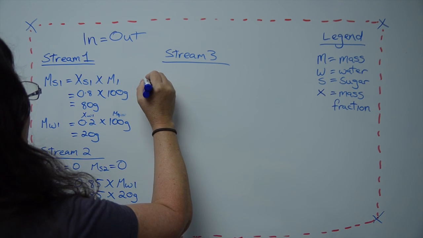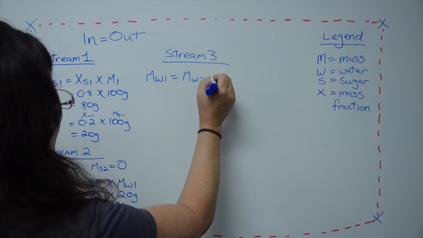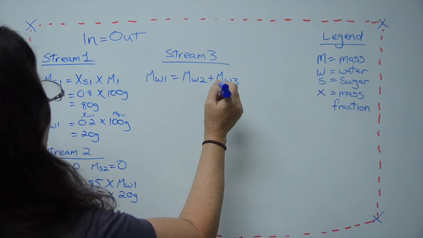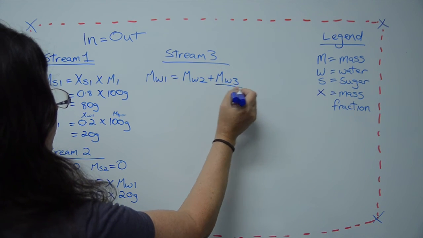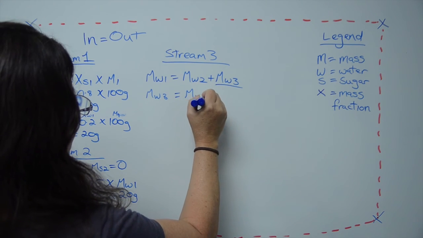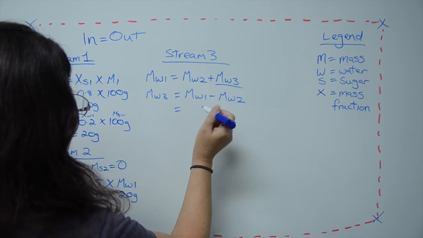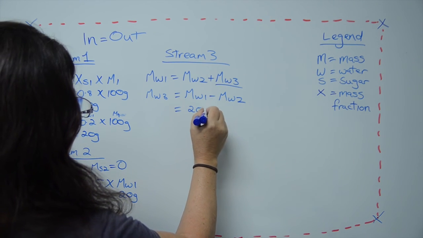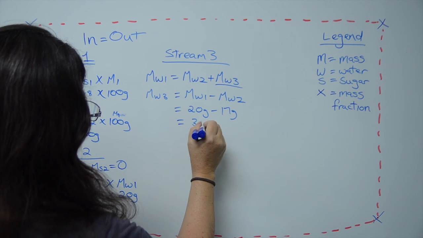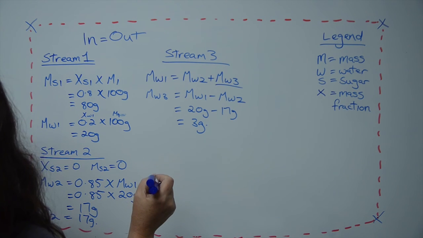So if we go to MW1 is going to equal MW2 plus MW3, and we're going to rearrange that to solve for MW3. So let's go MW3 is going to be equal to MW1 minus MW2, which is equal to 20 grams minus 17 grams, which equals 3 grams. That's for MW3.